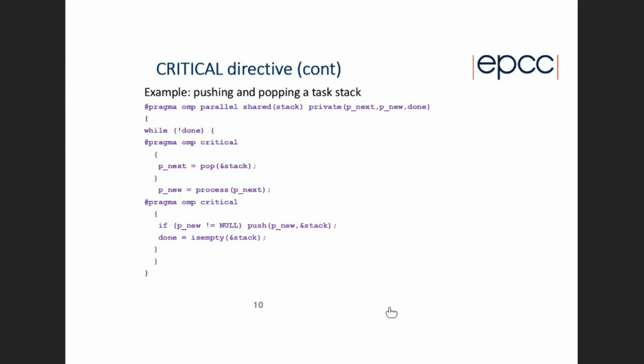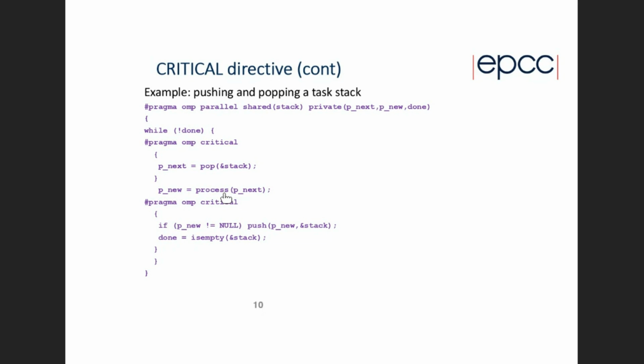Now, suppose instead of a list that I'm just going to append to, I actually have a stack which I can both pop items off and push new ones on. So again, parallel region, and then I have, in this slightly different example, a while loop. While each thread is not finished, it's going to pop the stack and get a pointer to an item.